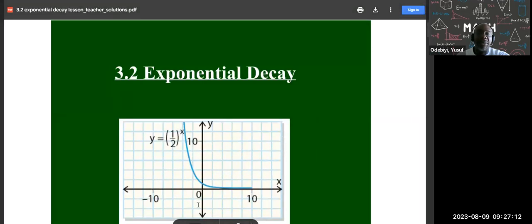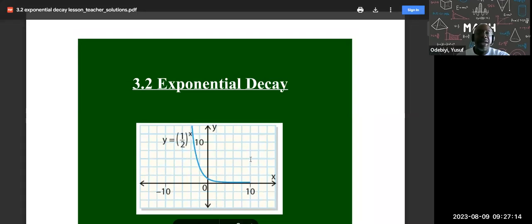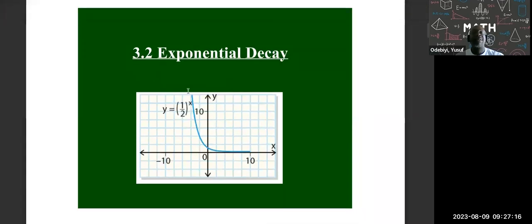Okay, so now we're looking at exponential decay. And if you look inside this bracket, you have a fraction. You have a number that's less than 1. When we're looking at growth, we're looking at numbers greater than 1, right? Even when we did the exponential rate, when we're using the R, it was 1 plus the decimal. So 1 plus that decimal gave you an answer greater than 1.